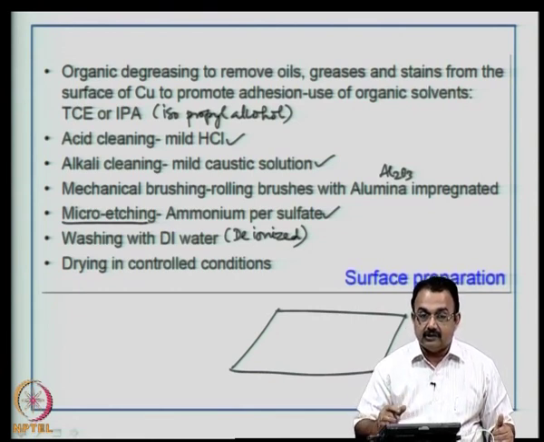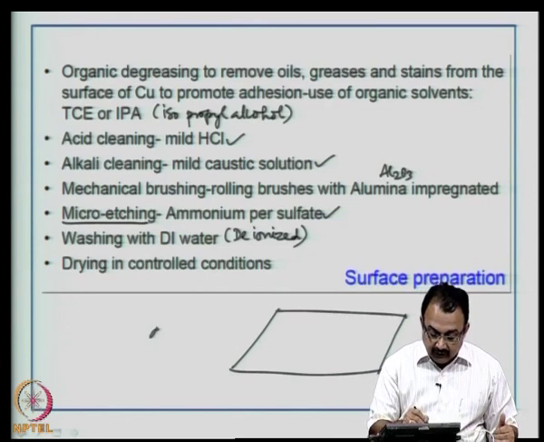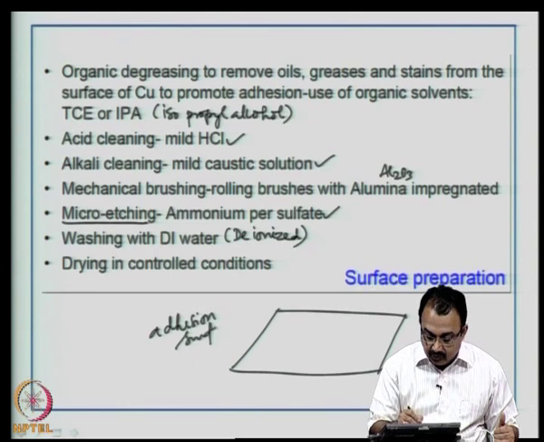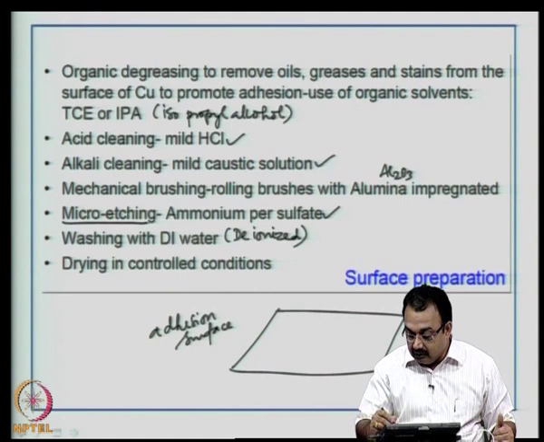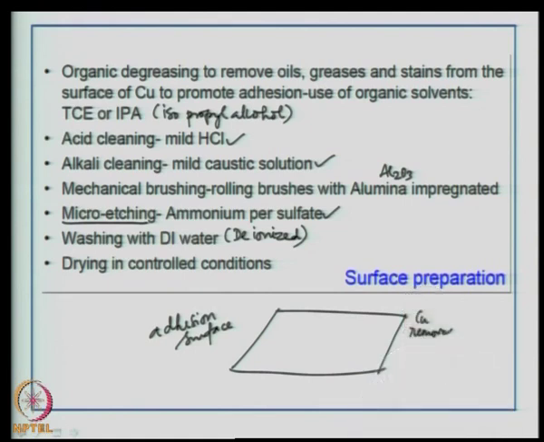If you use it as it is, your adhesive, the photoresist, is not going to stick onto the surface. So, for aiding very good adhesion, you have to remove a few microns of copper, say about 1 to 2 microns from the surface, and it also provides a larger surface area compared to the structure that you get from the manufacturer.